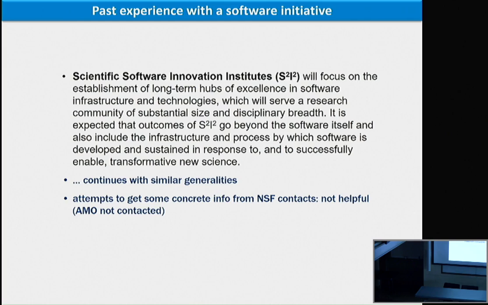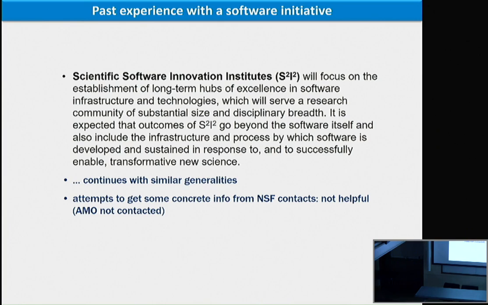And I wanted to briefly say something about my last effort at getting software funding, because I think this is something which, at least in this case, NSF didn't do well. This is the Scientific Software Innovation Institute, and the University of Delaware submitted a proposal with participation of several other people from various institutions. So this is the announcement of this. I will let you read it.